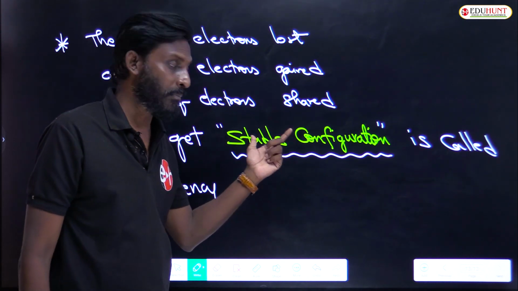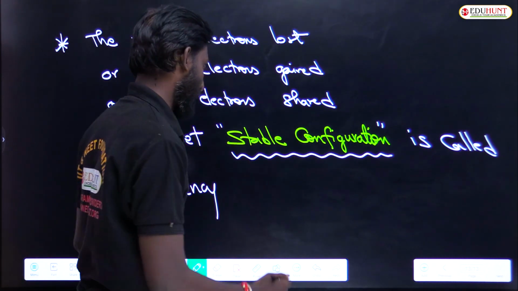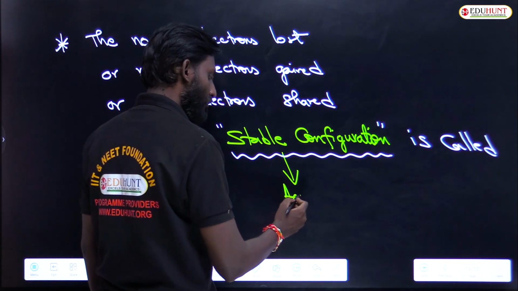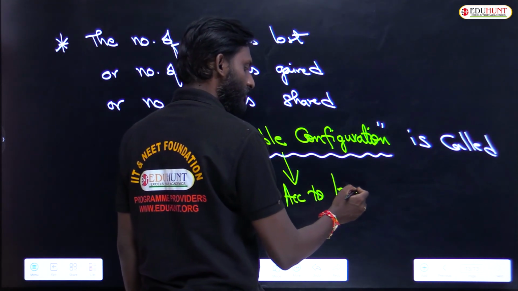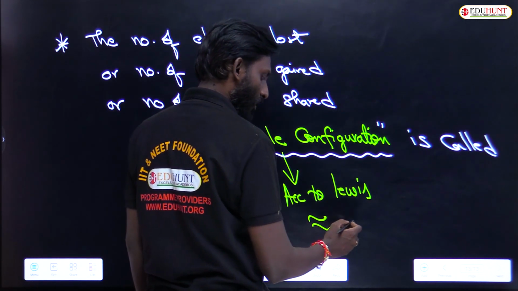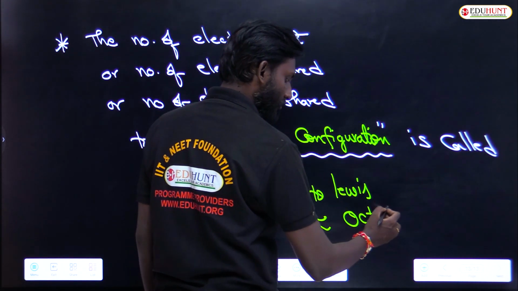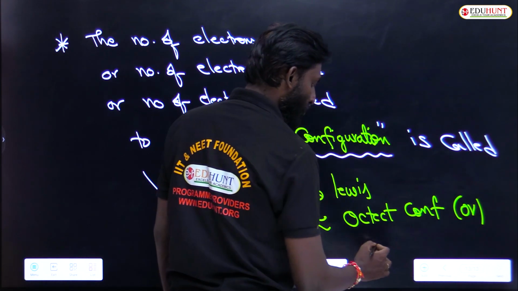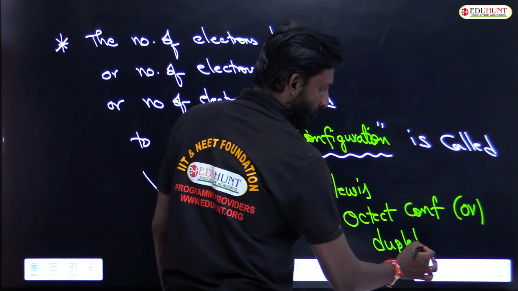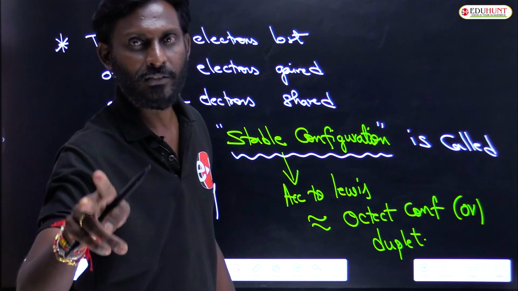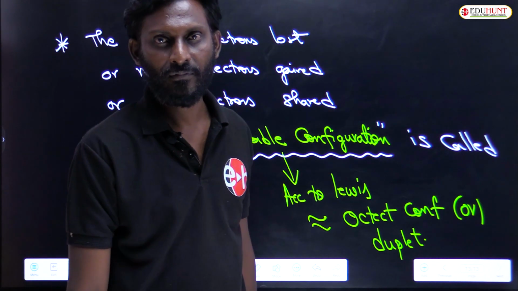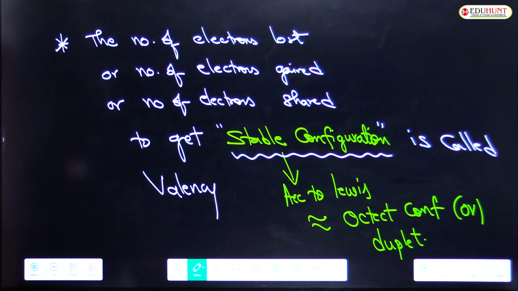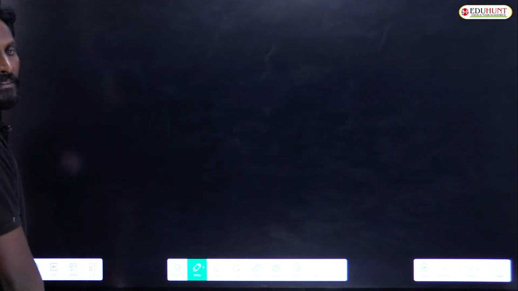But this stable configuration is according to Lewis. In general we take it as octet configuration or duplet. That means in the outermost shell, if there are 2 electrons, that is also stable, like helium.